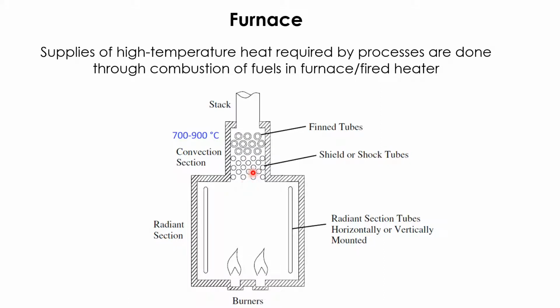It can be done using shock tubes, fin tubes, and so on. The typical temperature around the convection section is about 700 to 930 degrees Celsius. After this, the flue gas flows through the stack, where the temperature is about 150 to 200 degrees Celsius.